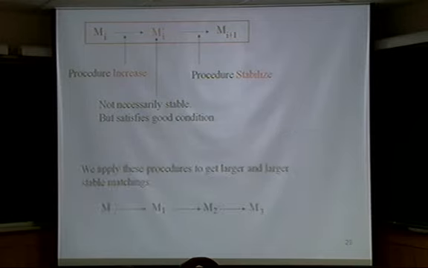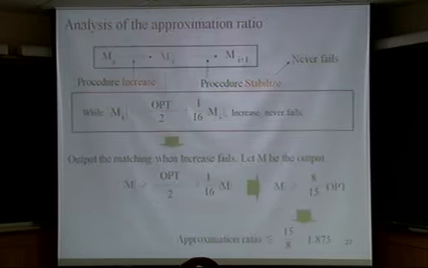Now, this is our strategy. We start from an arbitrary stable matching. We apply increase and stabilize to get larger and larger stable matchings. And we proved that the procedure stabilize never fails, and procedure increase may fail.